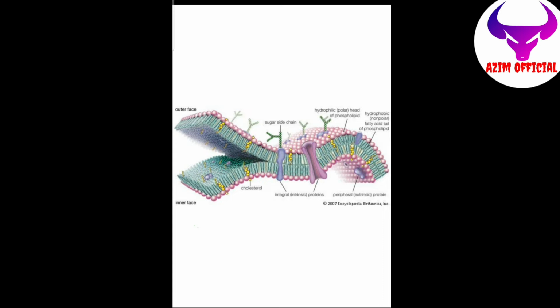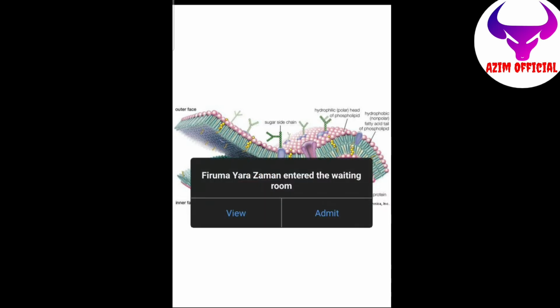So we'll divide the functions also like this. For functions of the integral proteins, you will say it acts as a channel or pores. Have you recognized which one is integral or peripheral protein? The one which is buried totally, completely in the membrane, completely crosses the barrier or membrane, this is called integral proteins.